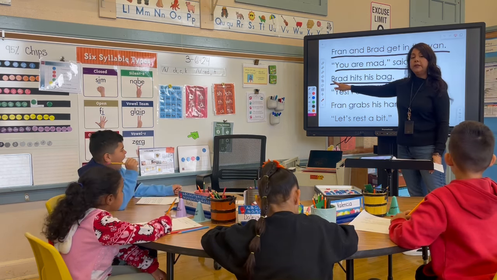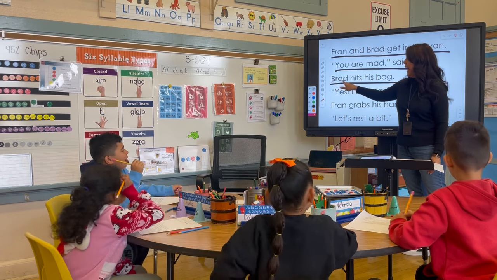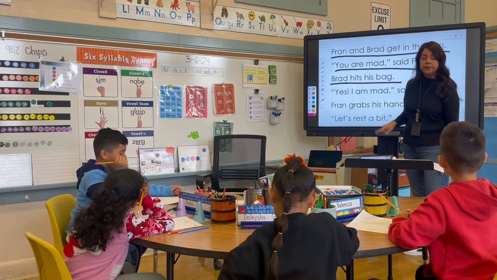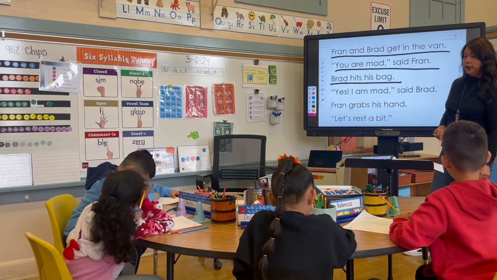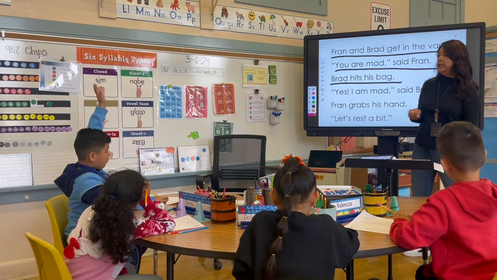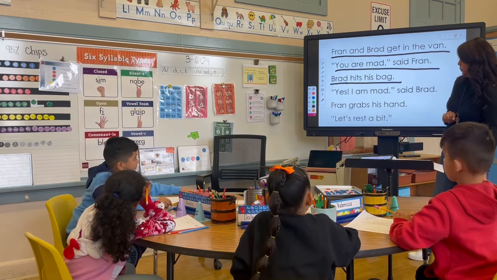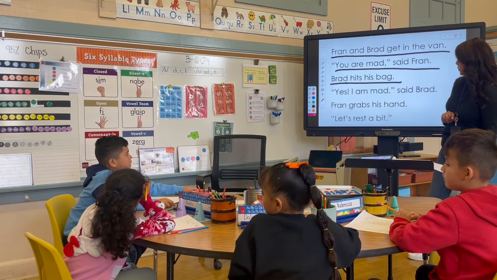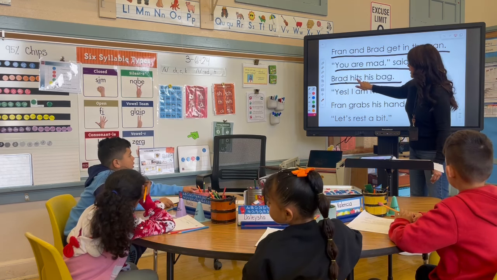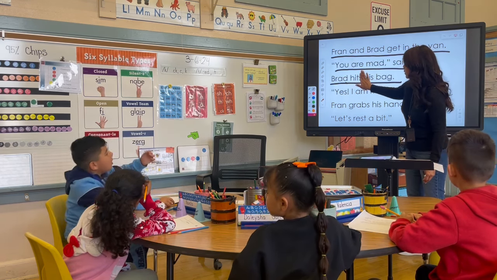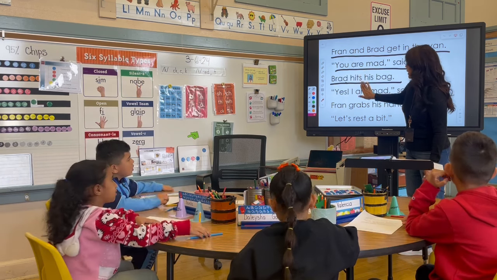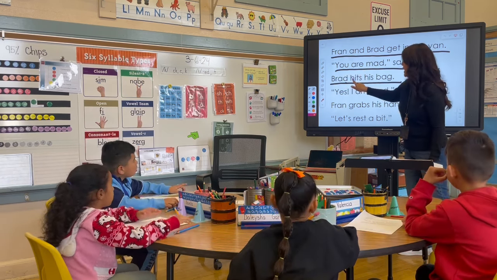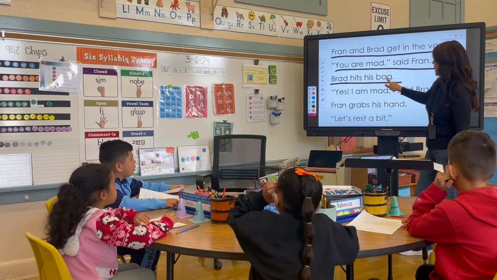Drew, let's do the sounds together. Add. Brad. Who can help Drew with this sentence? Fernando? No? Are you guys remembering the closed syllable word? Nayla? Hits. Excellent. Brad hits his bag.